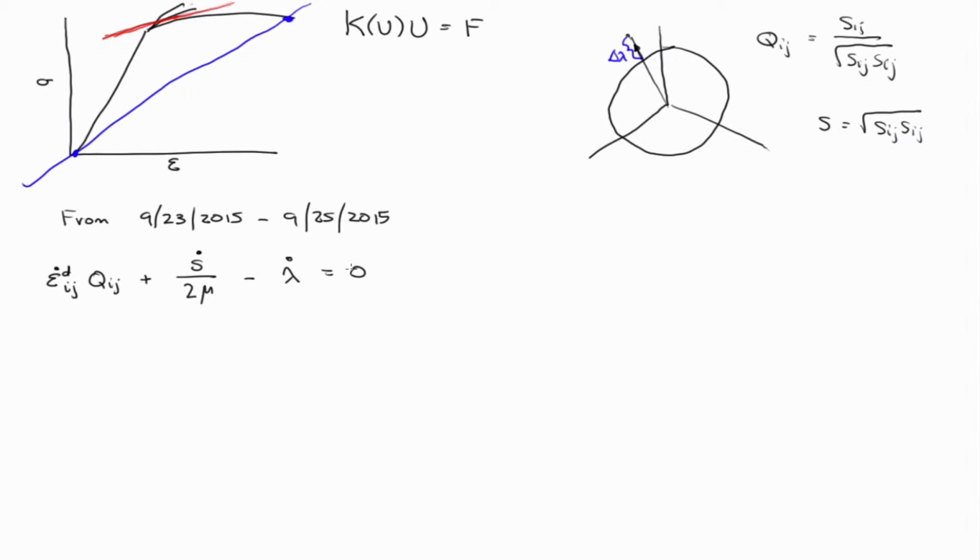Right, so we derived that, but we haven't introduced any discretization in time yet, because these are rates, okay?